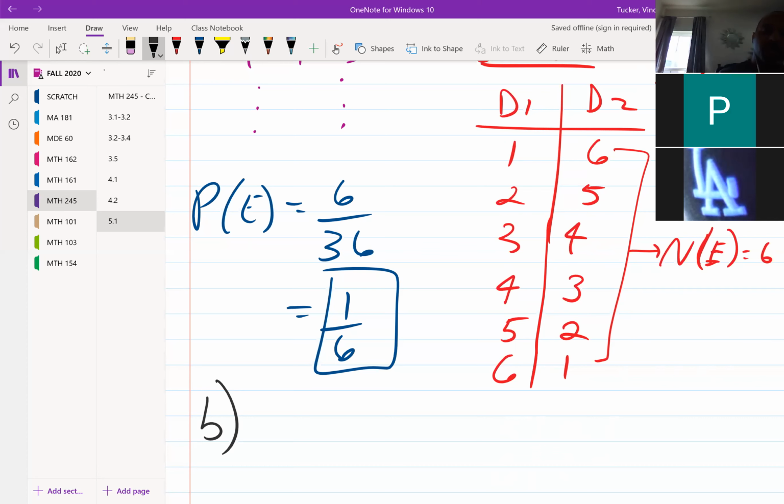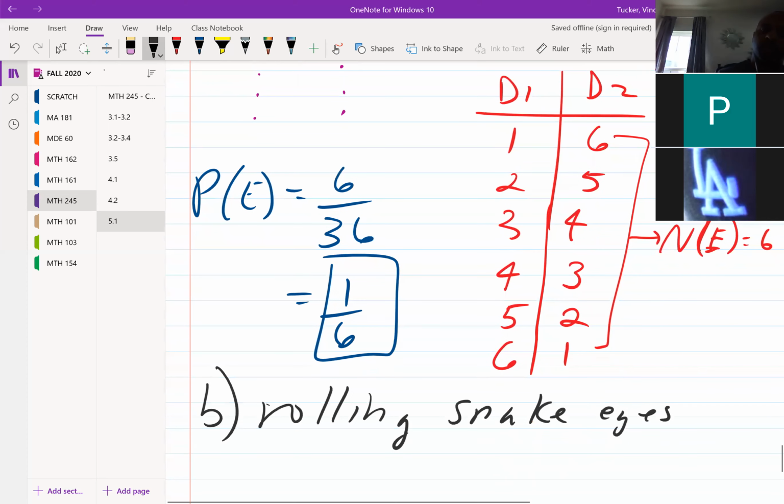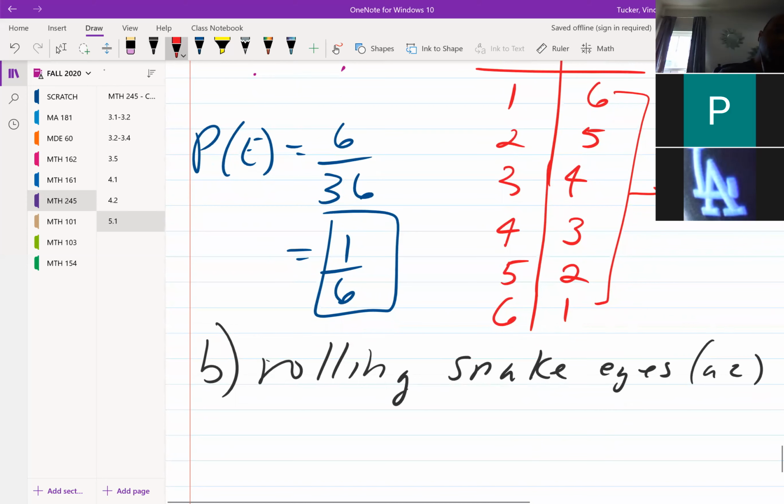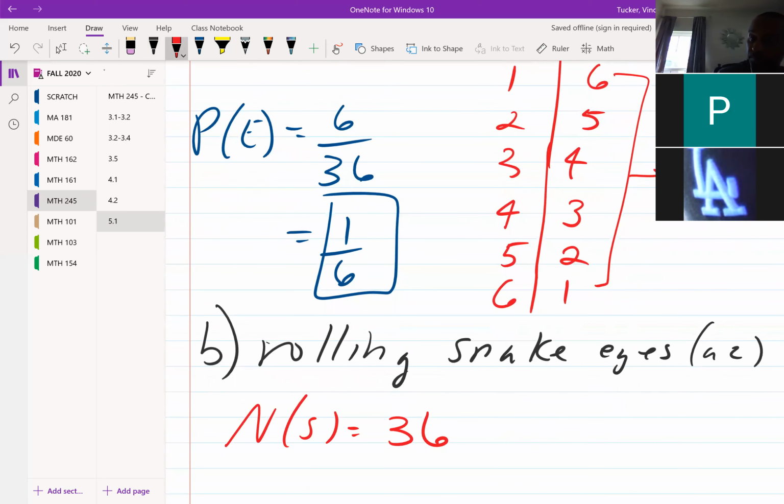All right. So rolling snake eyes, and we already said that that's the same thing as rolling a 2. We already know our sample space is 36. We're still dealing with the same problem.